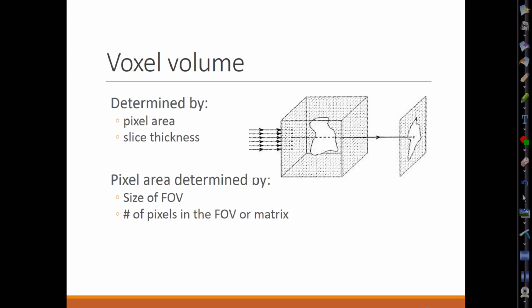But remember, you can flip through all those images, and you know that you already set a certain slice thickness. But your voxel volume is determined by your pixel area times your slice thickness.